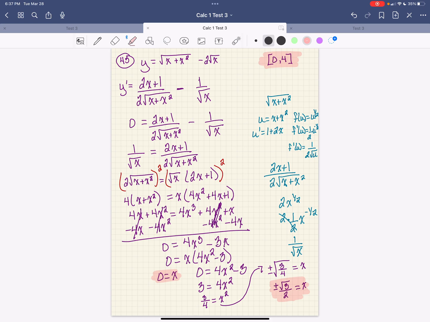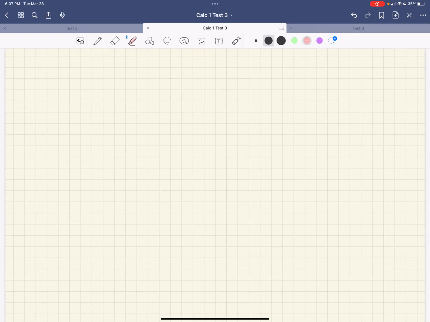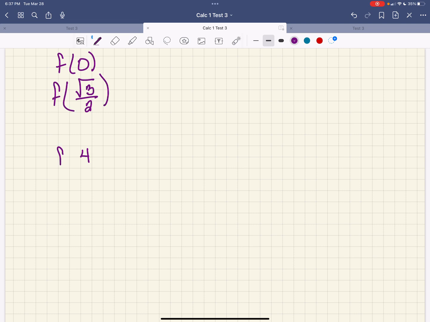Now, we're only going to have to deal with the plus on that. So we've got 0 and 4, because those are my endpoints, and then we have positive square root of 3/2 as one of my values. So we're going to have to go back to my original function and do f of 0, f of square root of 3/2, and f of 4.